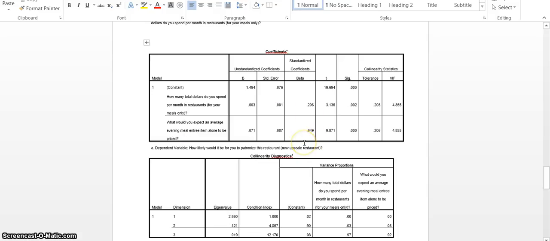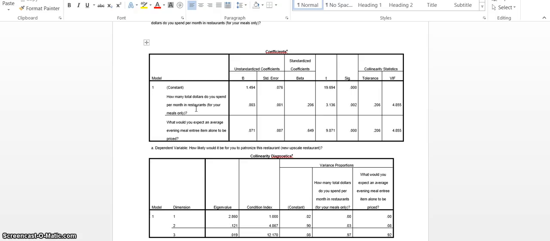In general, they just patronize the restaurant. It doesn't really say exactly how much they have to spend, but the more money you spend, the more likely you would go to the restaurant, which makes sense because it's an upscale restaurant. If people have money to spend, they will spend more.